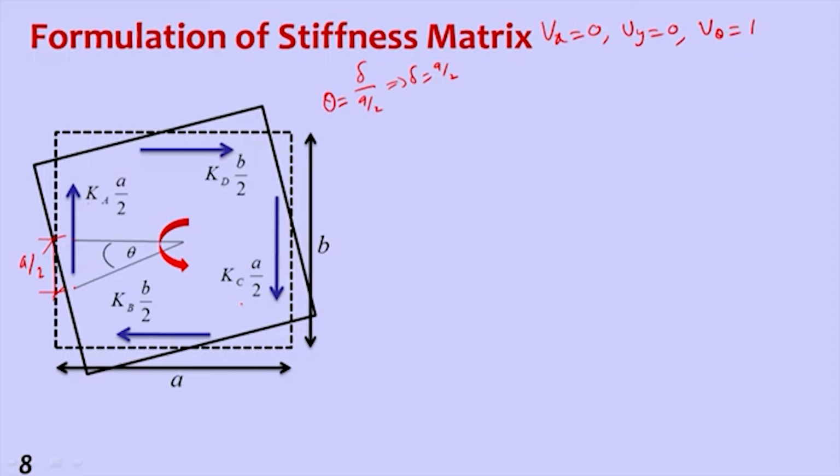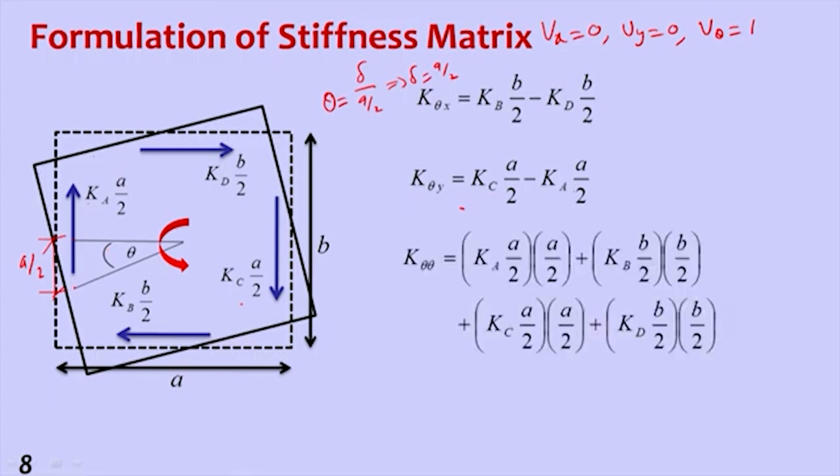Now equilibrium along x, y and theta direction, force equilibrium. So we can get k theta x direction forces are kb into b by 2 minus kd into b by 2. Then y direction, k theta into y direction, kc into a by 2, ka into a by 2. Then k theta direction means what?